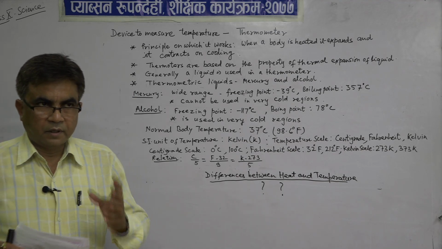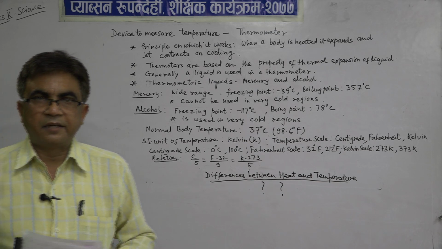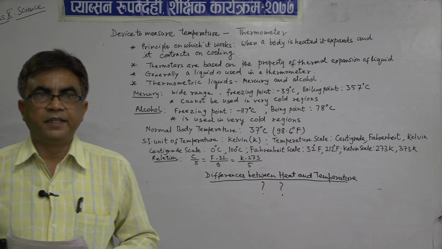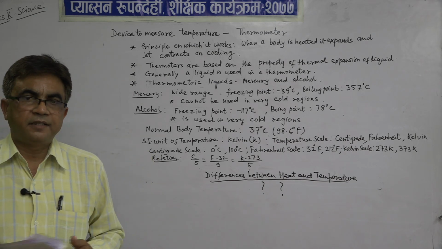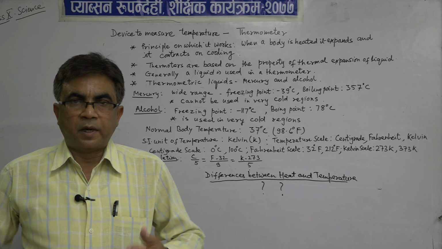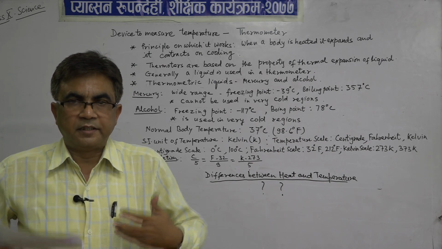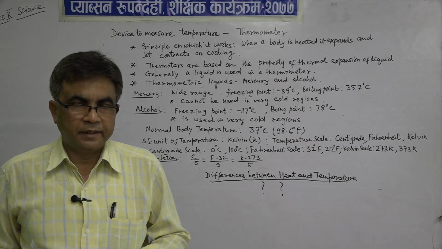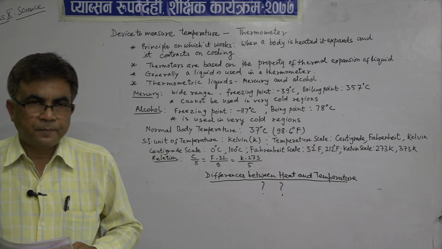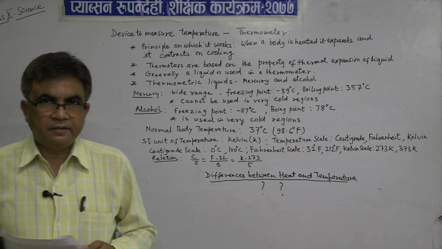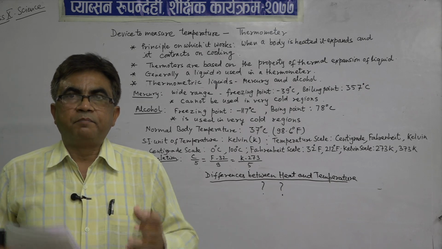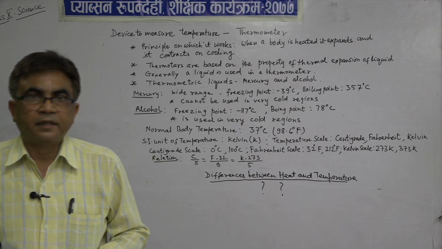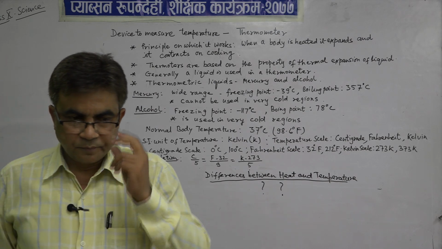Now one thing I would like to share with you: every day we do different activities, and while doing different activities we all burn calories, burn the heat of our body. You have to understand it in that way. So generally a man in a day burns around 1900 to 2500 calories of energy.